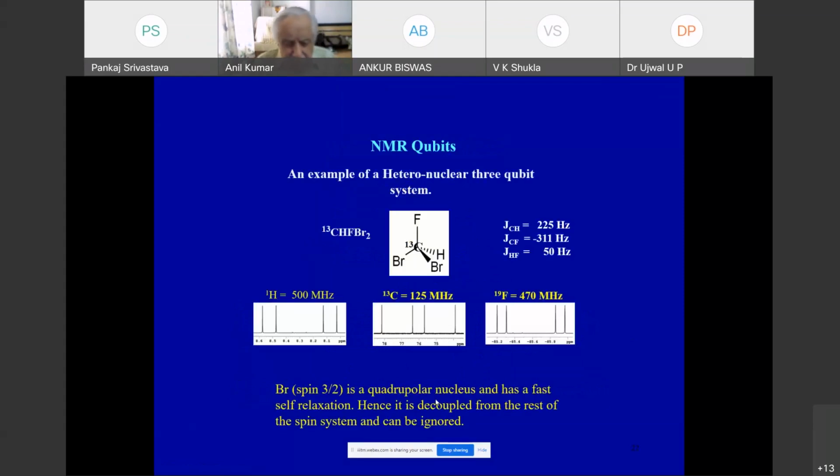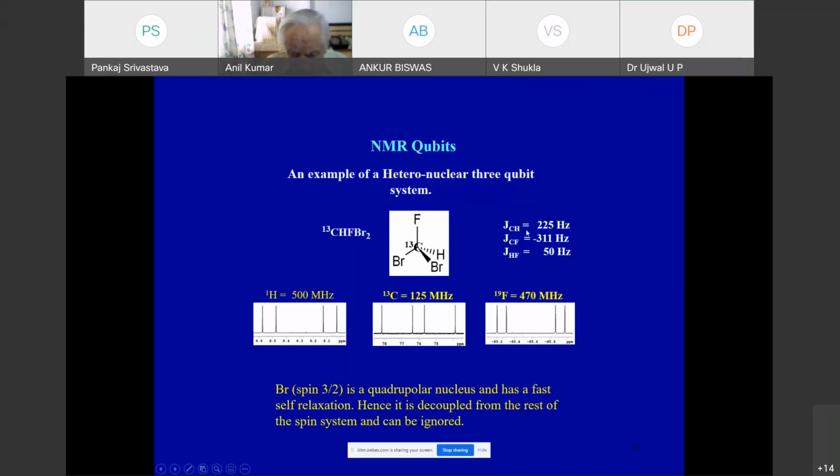An example of a heteronuclear 3-qubit system, which has been very popularly used by many people, is this: dibromofluoromethane in which carbon 13 is enriched. The bromines fall out because they have spin 3/2, and they relax very fast, and they get decoupled from the rest of the system. So we are left with 3 spins: fluorine, carbon 13, and proton.